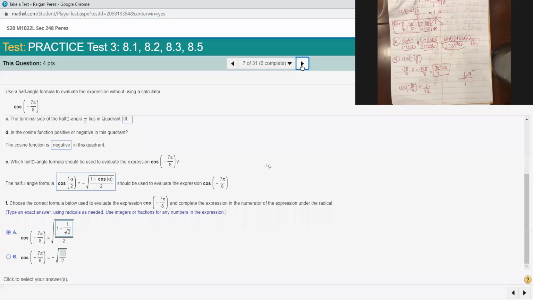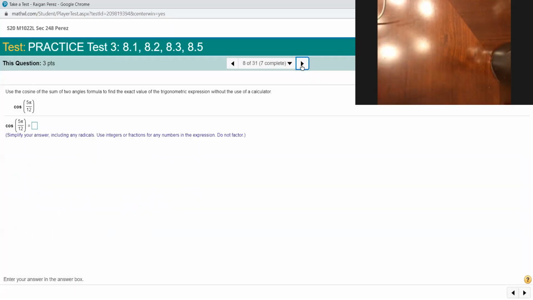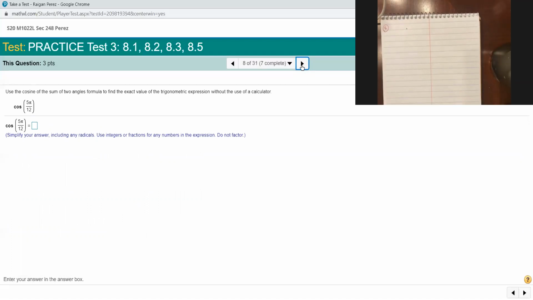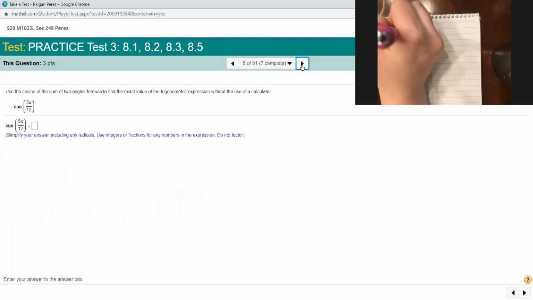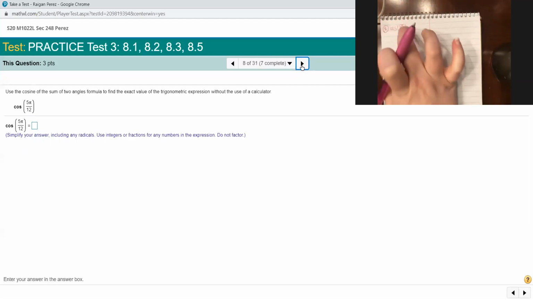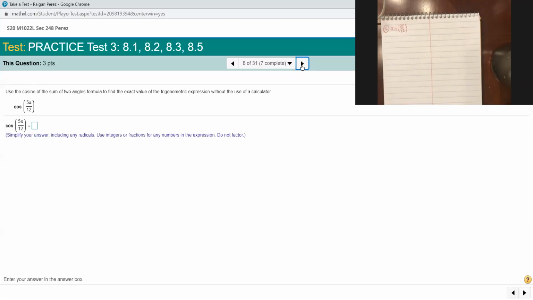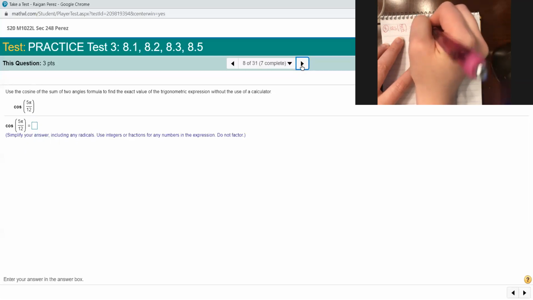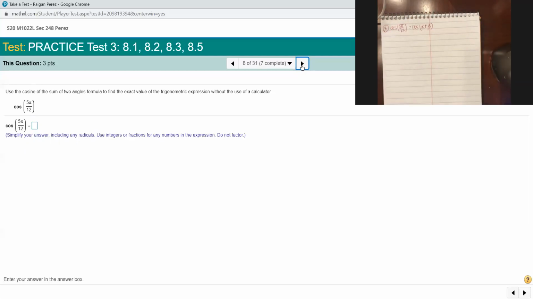All right, number 8. Okay, cosine of 5 pi over 12. And if these are questions you know how to do, you can just fast forward and skip and watch what you need to watch. Okay, use the cosine and the sum of two angles formulas to determine. So basically, I want this to be cosine of alpha plus beta, because it says sum of two angles formula.